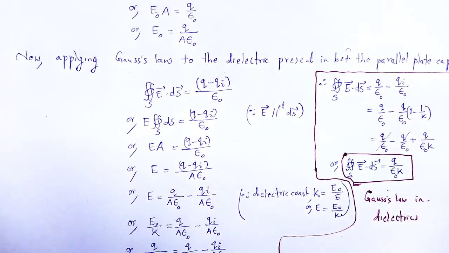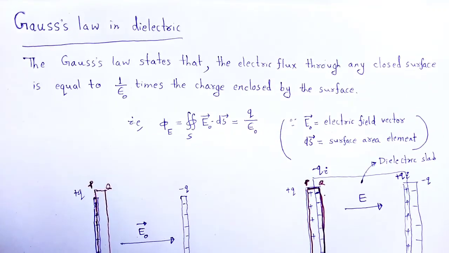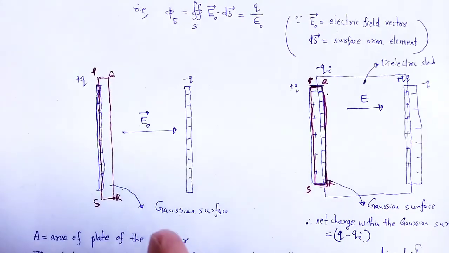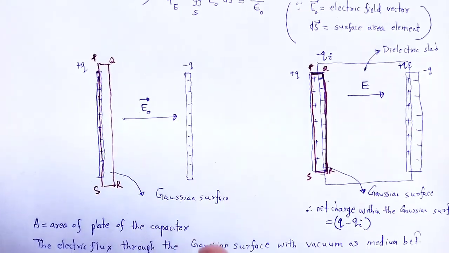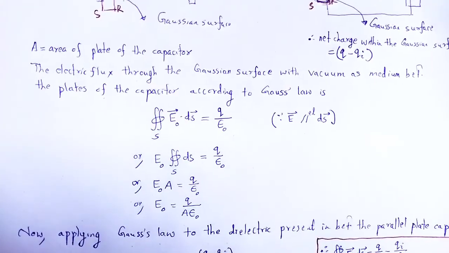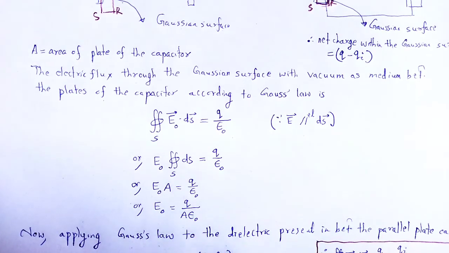With the help of this video lecture, we understood Gauss law in dielectrics. First, we took a parallel plate capacitor having air as the medium and got the expression E naught is equal to Q divided by A epsilon naught.